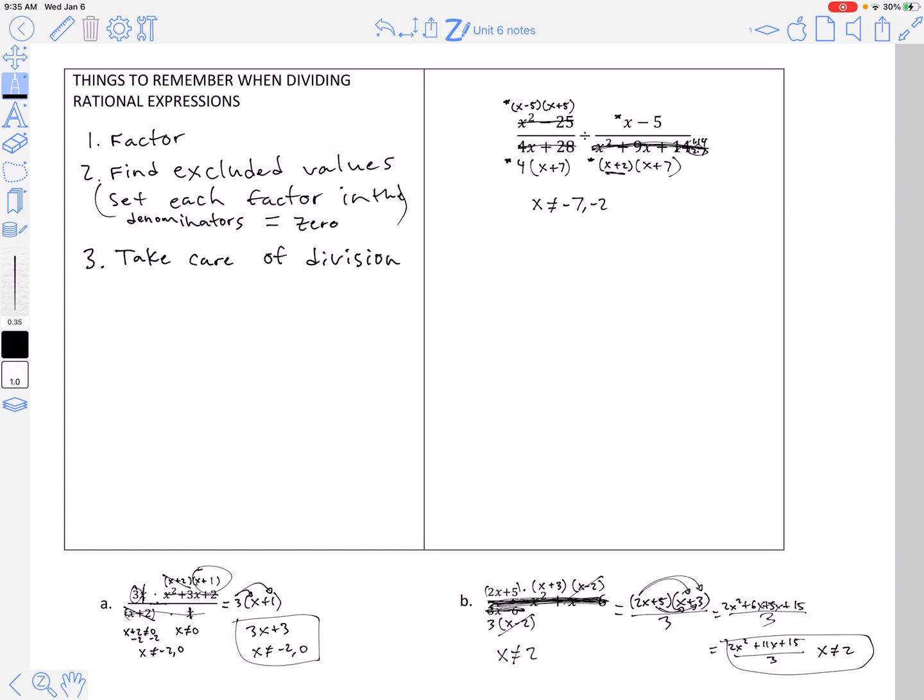How the heck do you do that, right? So remember, when you're dividing, it's the same as multiplying by the reciprocal. What's the reciprocal? It's that fraction flipped, right?